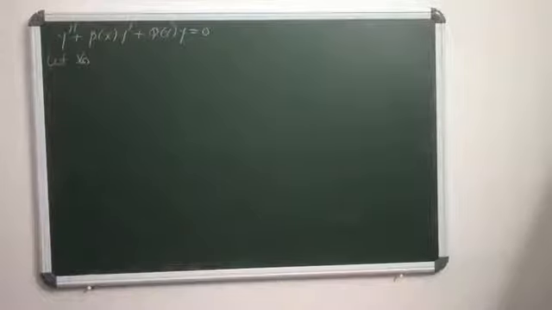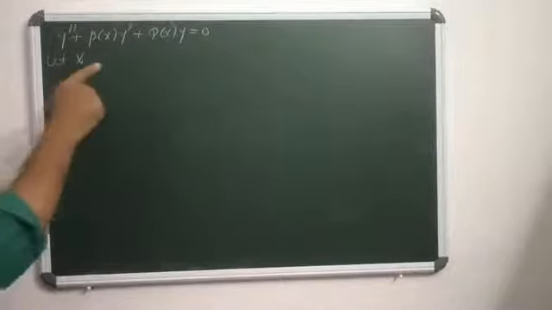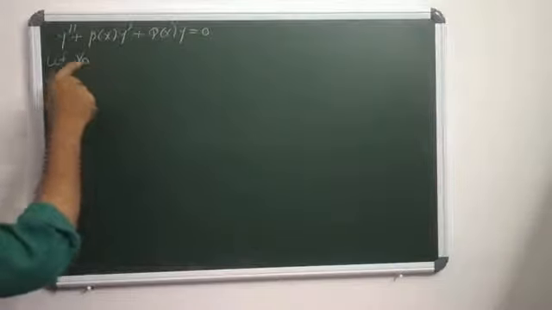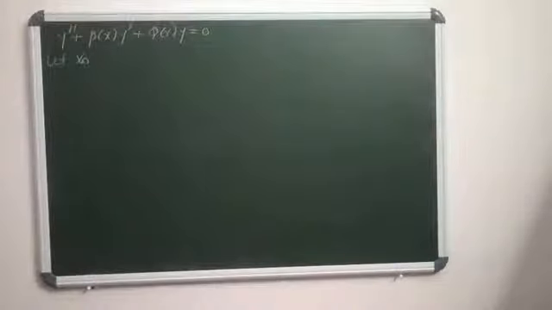Then it is said to be a regular singular point if (x minus x0) into p(x) and (x minus x0) whole square into q(x) are analytic. Otherwise, it is said to be an irregular singular point.